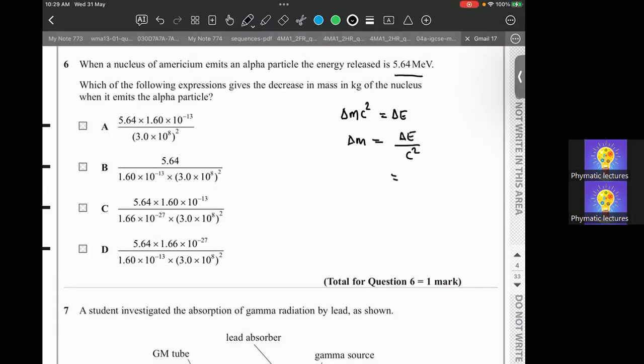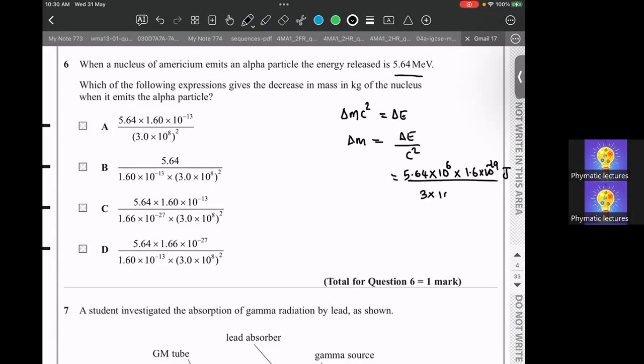And what is delta E? This is in mega electron volt, so we should convert this into joules. 5.64 into mega means 10 to the power of 6, into 1 electron volt, which is 1.6 into 10 raised to minus 19 joule, divided by c square.